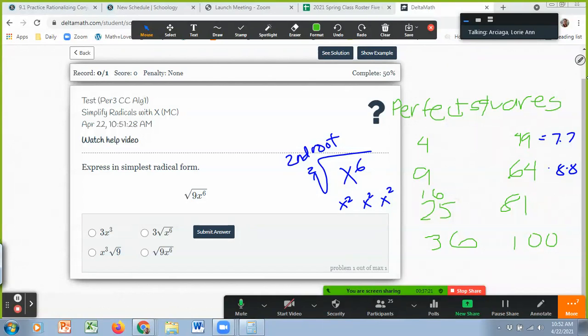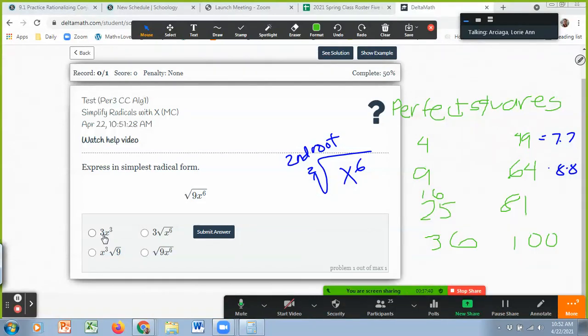But the shortcut is just divide this by 2. If it's even and divides exactly by 2, then just divide it. What is 6 divided by 2? And why 2? Because square root means second root. So 3, very good.